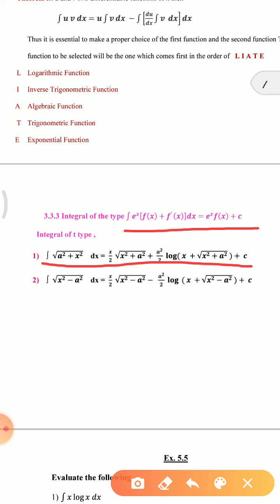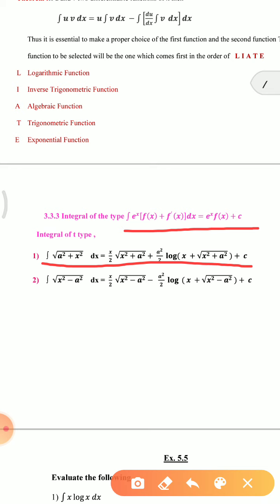integral under root of a square plus x square dx is equal to x by 2 under root of x square plus a square by 2 log of x plus under root of x square plus a square plus c.